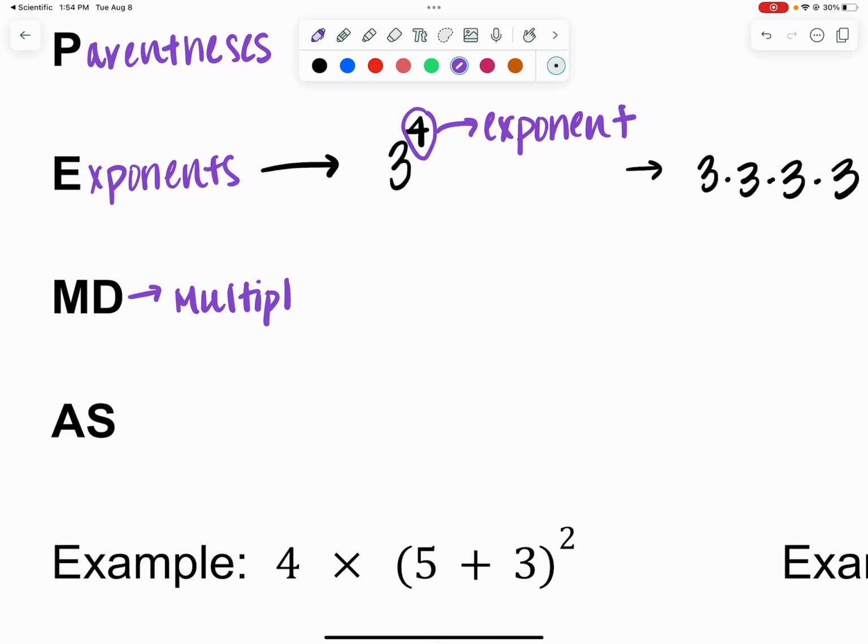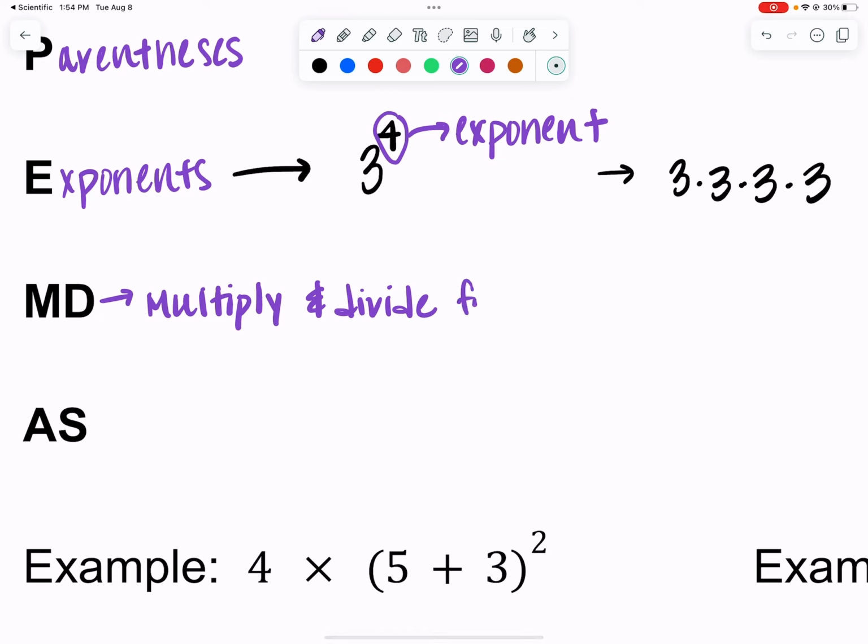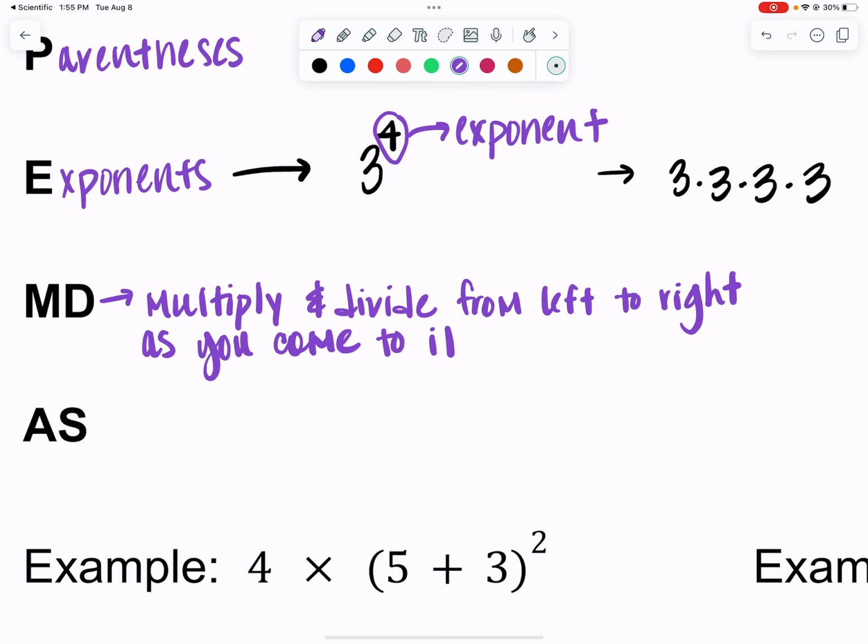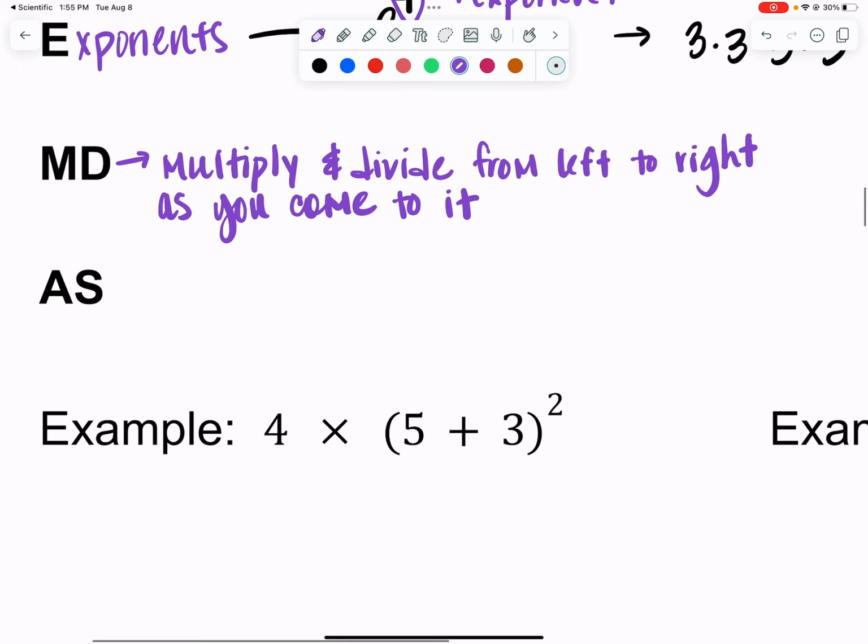We are going to multiply and divide from left to right, as you come to it. And then once we have gone through and done all of the multiplication and division, we are going to go through and add and subtract in the same way.